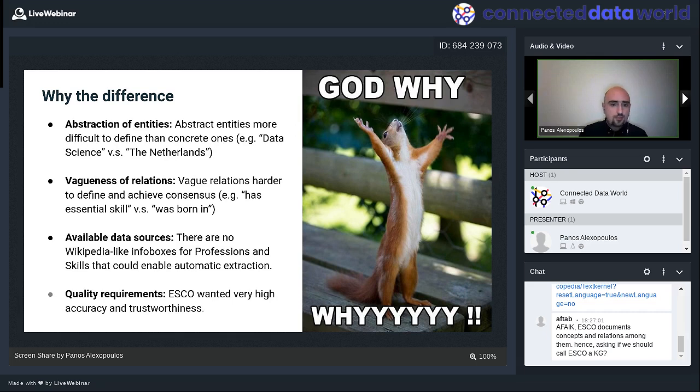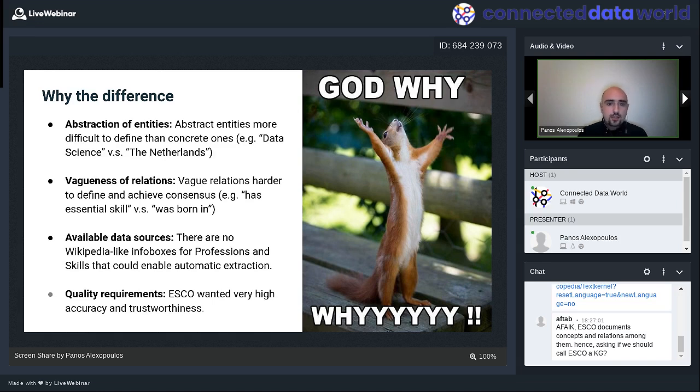On the other hand, for ESCO there wasn't a lot of data and methods available that could enable the automatic extraction. And I can already tell you, because at XNL we try to do something similar. We try to mine professional skills from CVs and jobs. It's quite a hard task. It's not easy to fully automate and say, okay, I will just have an NLP pipeline that will do this for me, and there's no need for any human input whatsoever.